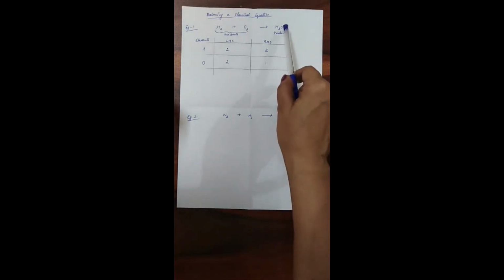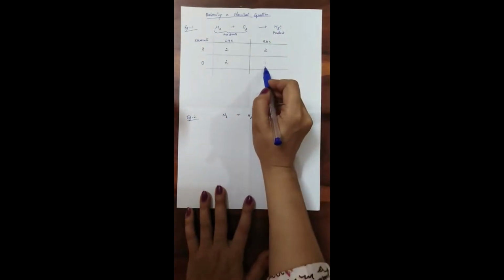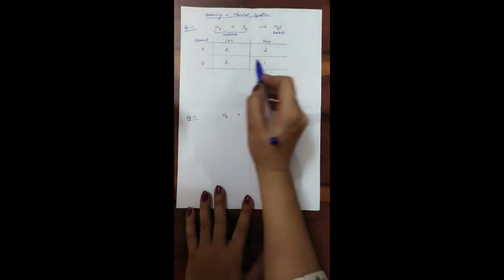Now again for that you cannot write down 2 here. Third important thing, we always have to add a coefficient and not the subscript. We can never change the subscript, we have to only change the coefficient. Now see, oxygen is 2 on this side and it is 1 on this side. As I told you earlier, we can increase. Oxygen is 1 here.